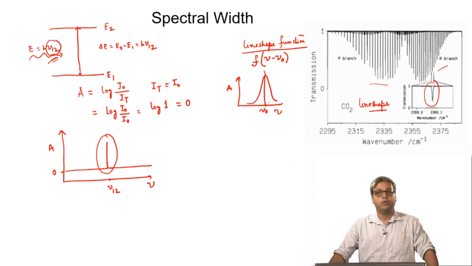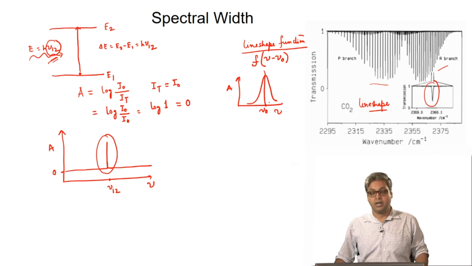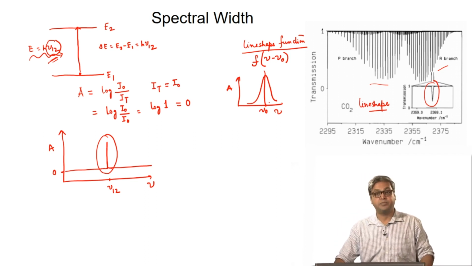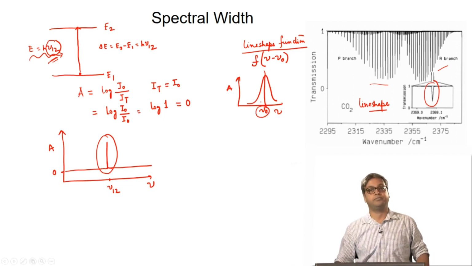So, nu 0 is also known as the peak position. For a single peak corresponding to a transition, the shape of this spectrum is symmetric with respect to nu 0.